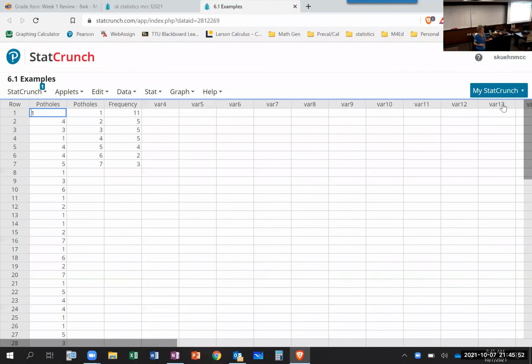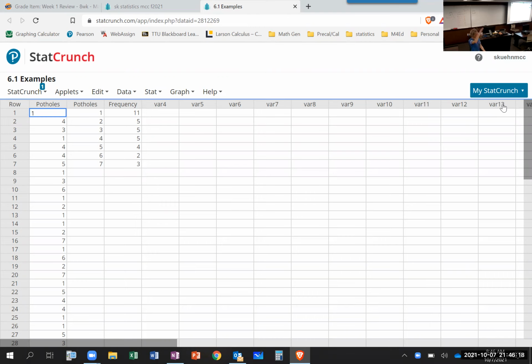That's our frequency table. Now, how do I calculate the probability of encountering a stretch that had 7 potholes? What would I do? Add them all. Add what up? All the frequencies.